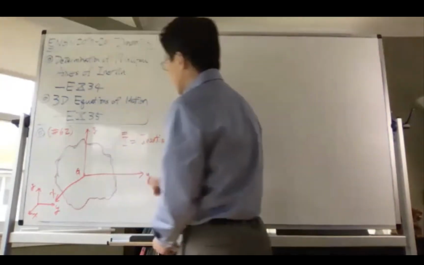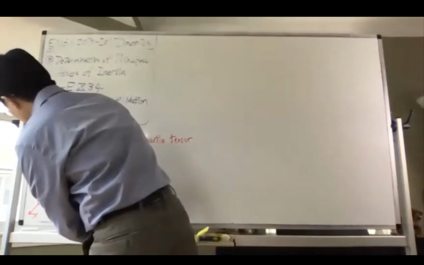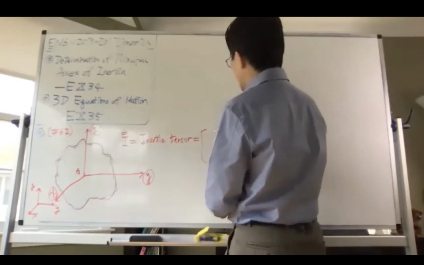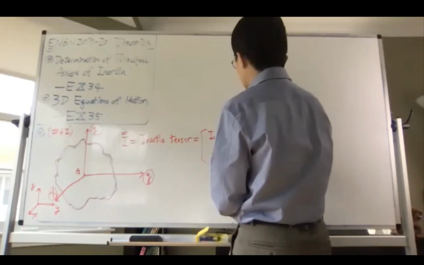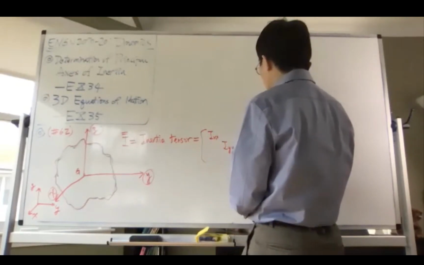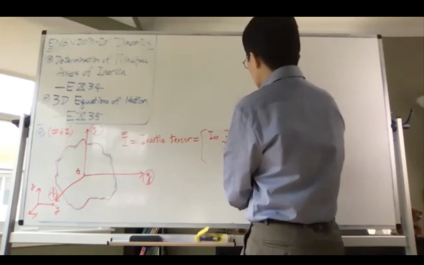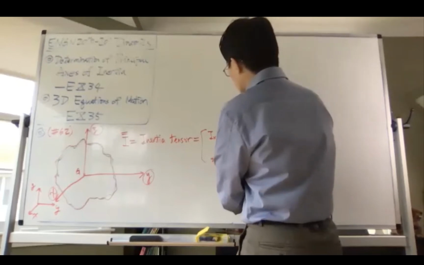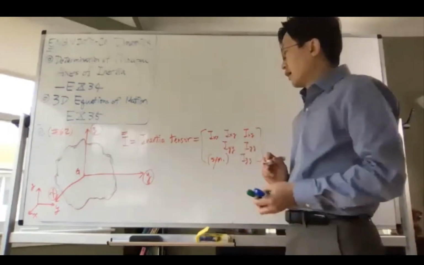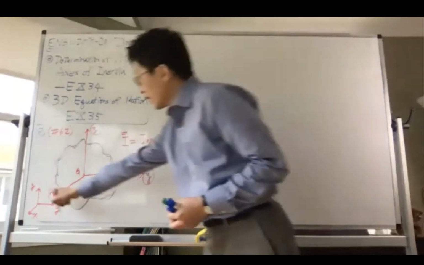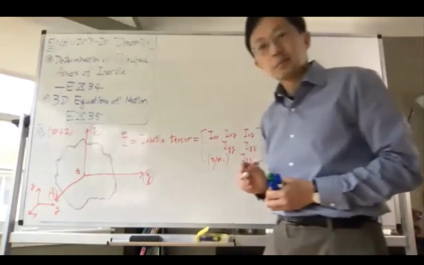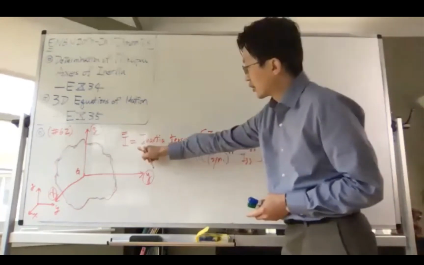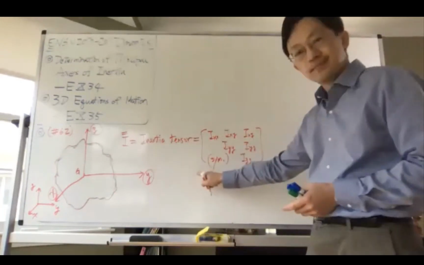This selection of x, y, z can be written like this, with Iyy and Izz. And this part is symmetric. Because x, y, z are not principal axis of inertia, your inertia tensor is going to be fully occupied.